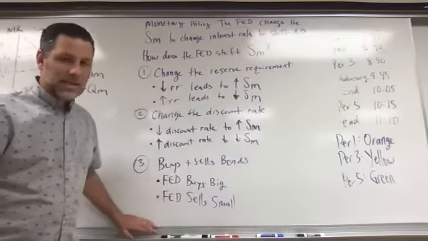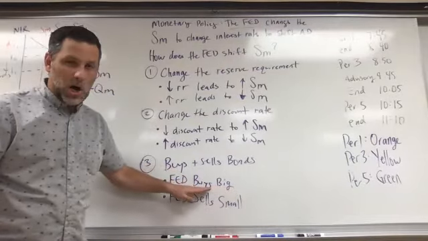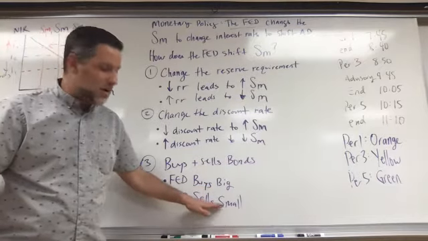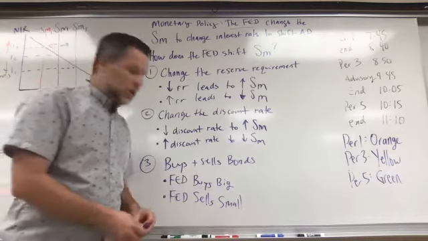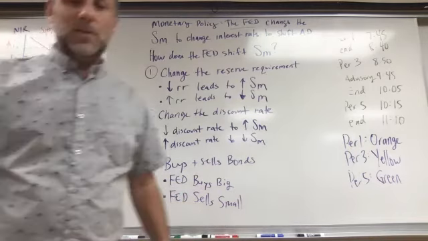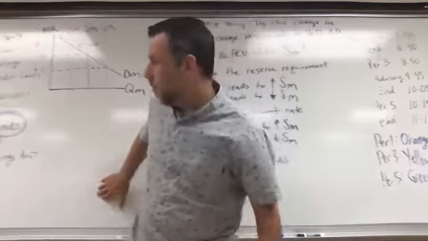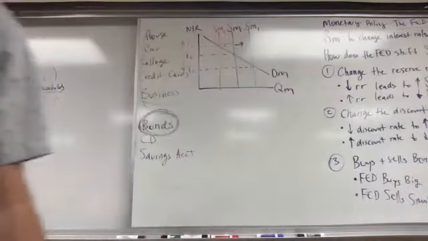When the Fed wants to make the money supply bigger, they buy bonds. When the Fed wants to make the money supply smaller, they sell bonds. Okay? So let me show you how this works. This is kind of the last thing we'll do today. I'm going to move you guys over real quick so we can see what's going on over here.